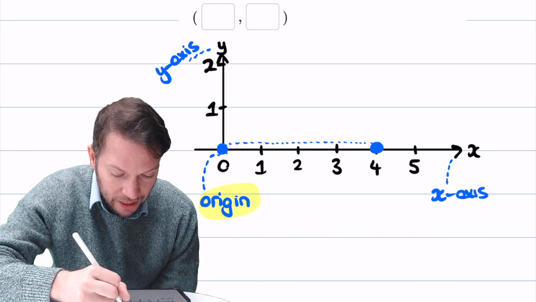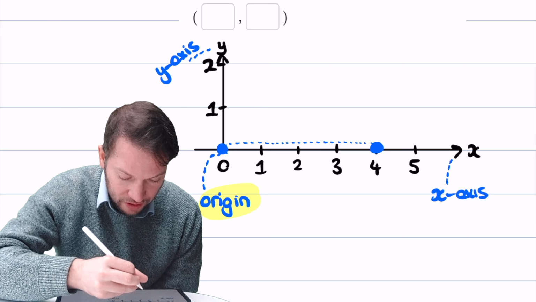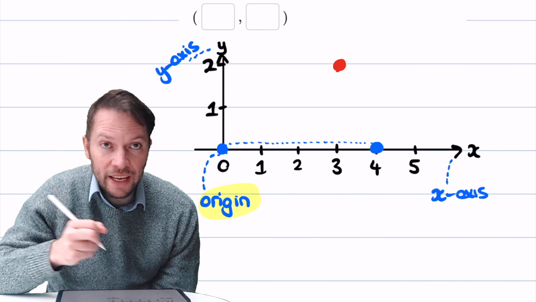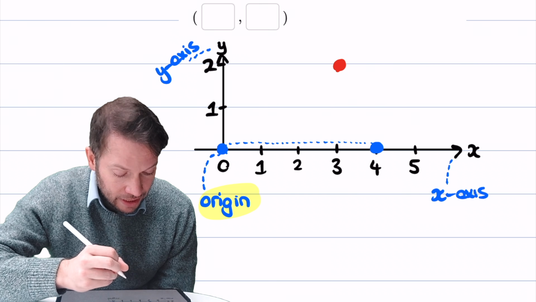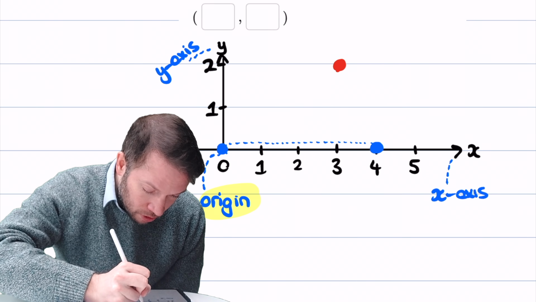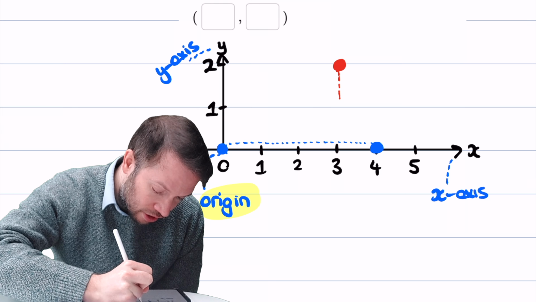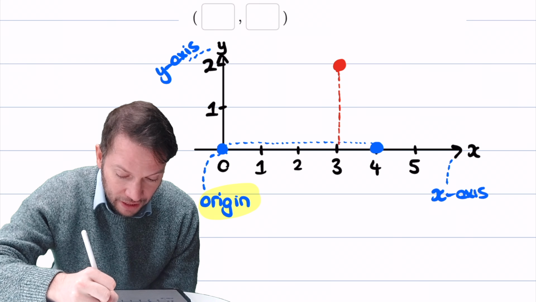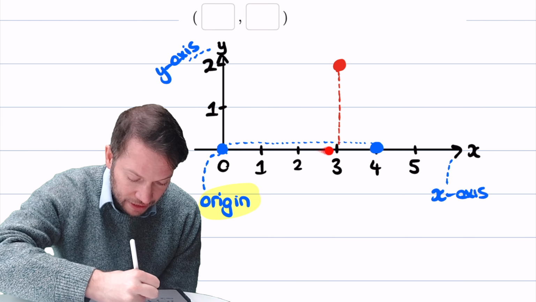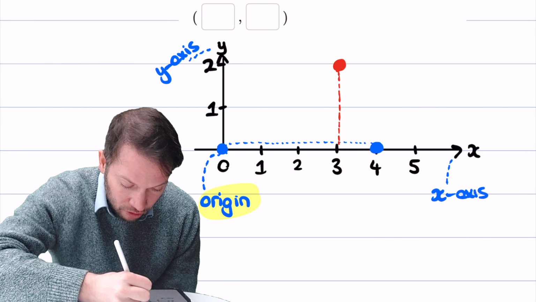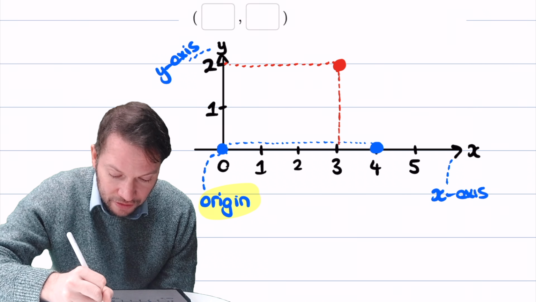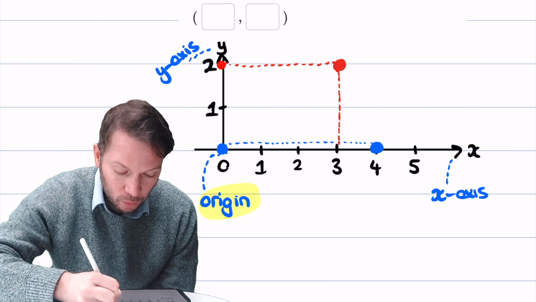So let's just say that we actually had a point here, and we wanted to know where that is on each number line. Now, if I draw a line down like this, you can see that it's at 3 on the x-axis, and if I draw a line across, you can see that this point is 2 on the y-axis.